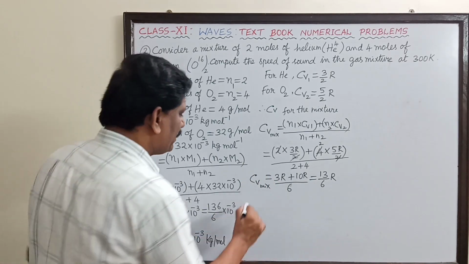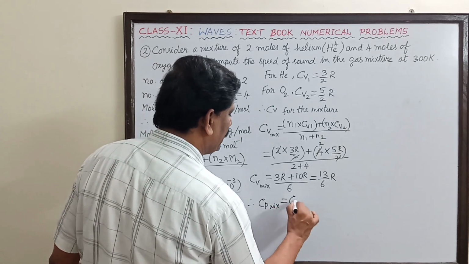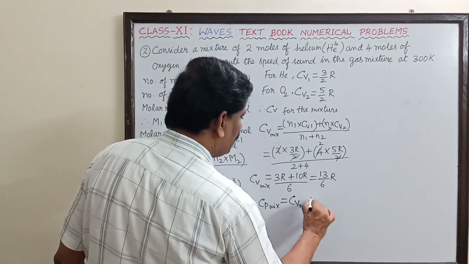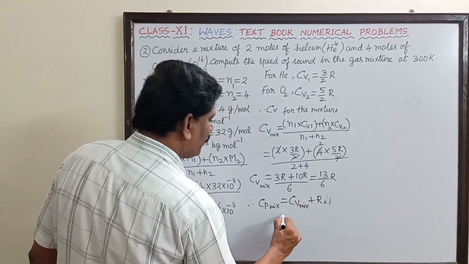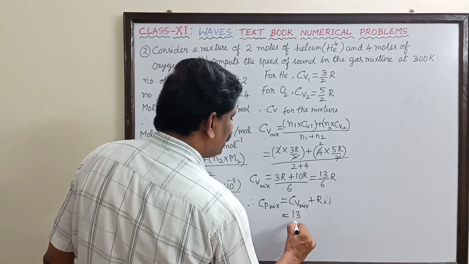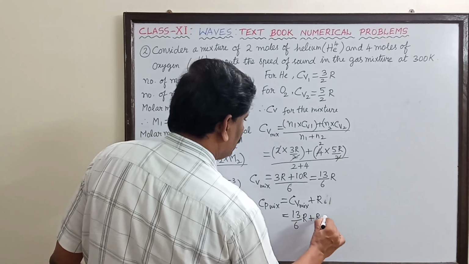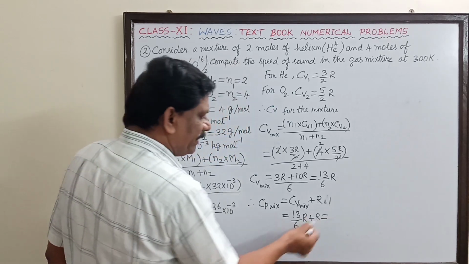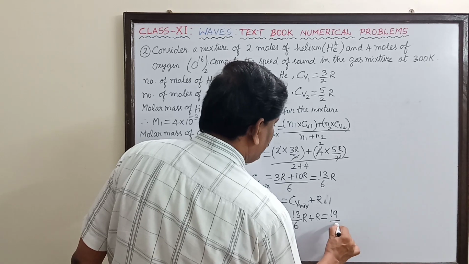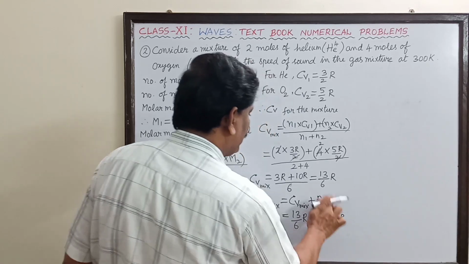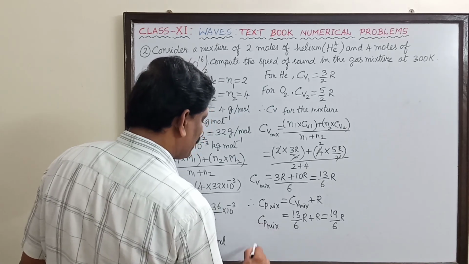From Mayer's relation, I can find Cp for the mixture. Cp for the mixture is equal to Cv mixture plus R. So this is equal to 13 by 6 into R plus R. Taking LCM, 13 plus 6 is 19 by 6 into R. So this is the Cp value for the mixture.